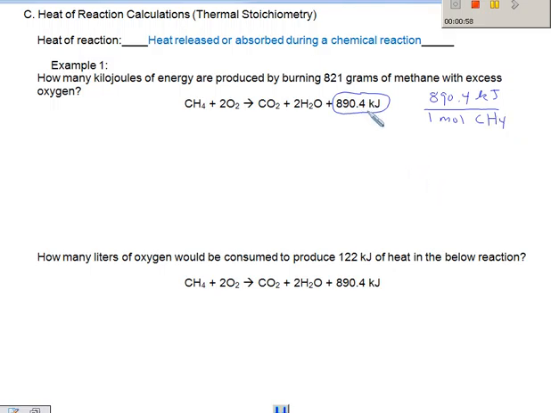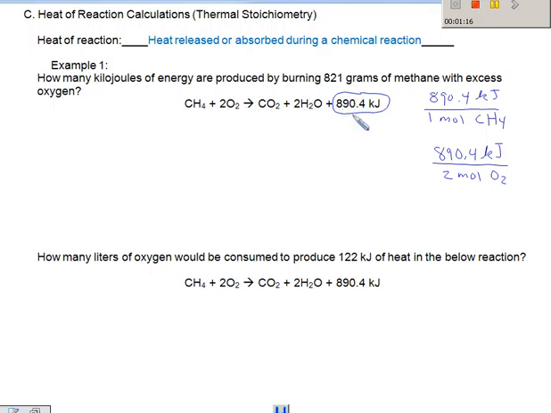Now, what this also tells us is that 890.4 kilojoules is produced for every 2 moles of O2 that we react with. Likewise, 890.4 kilojoules are produced for every mole of CO2, or every 890.4 kilojoules for 2 moles of H2O.